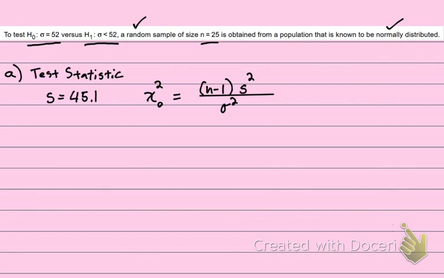Okay, and you probably recognize some of this stuff. This is your degrees of freedom. This is your sample. S is for sample standard deviation, and the Greek letter is for your population standard deviation. And I think they give us all these numbers, so let's just go ahead and put them in.